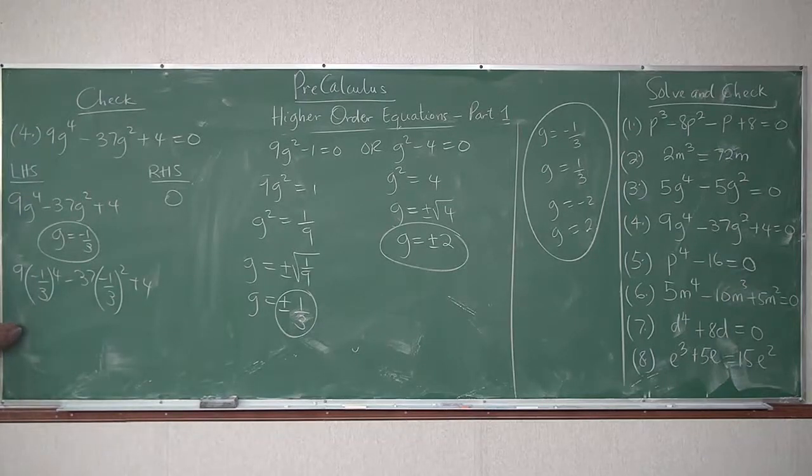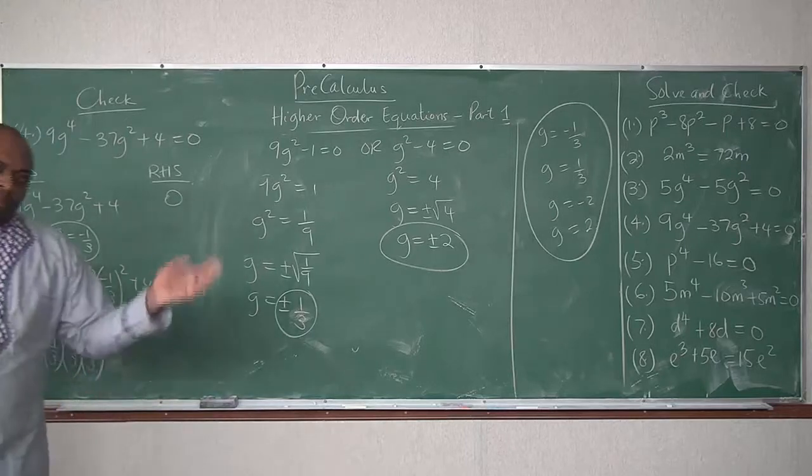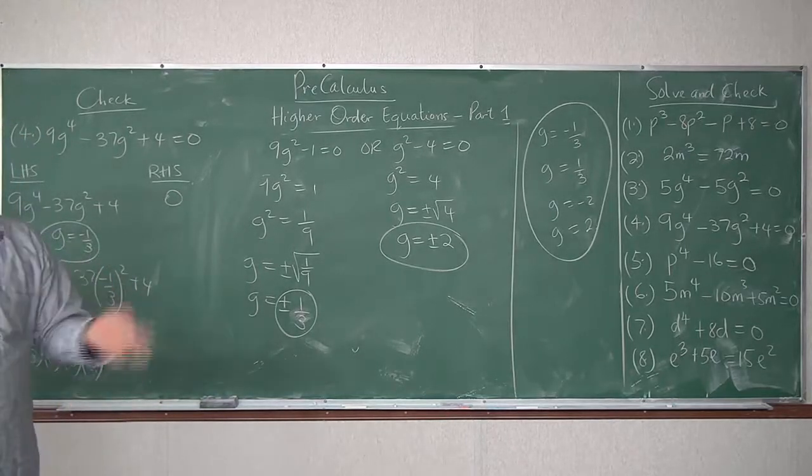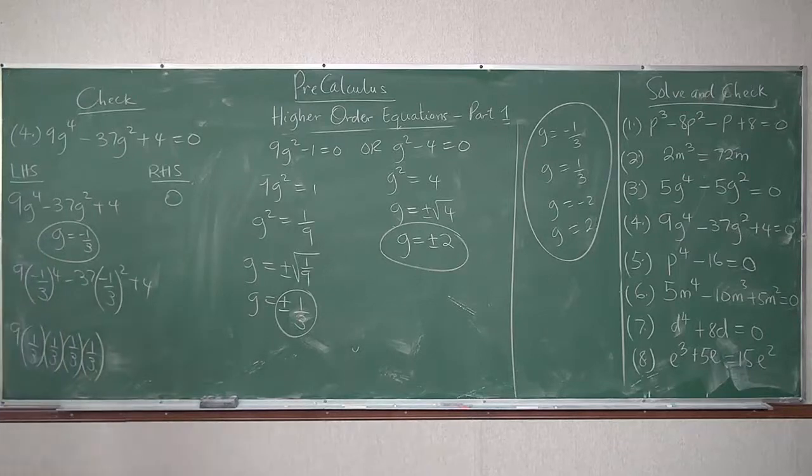So I can just say 9 times 1 over 3 times 1 over 3 times 1 over 3 times 1 over 3, because negative times negative times negative times negative is positive. Positive times negative is negative. Negative times negative is positive. But some people might still be confused, so let me just put the negative, but I'm not going to join it to the negative. They will cancel out, because when you multiply 2 negatives, it gives you a positive.